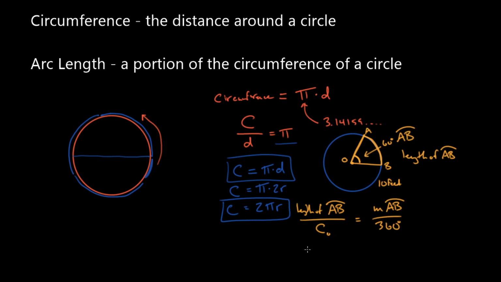The length of arc AB will be proportional to, we said 10 feet, in the same way that the measure of that arc, which was 60 degrees, is to 360. So in other words, it's going to be 1/6 of the entire thing. So this length of arc AB, this right here, would be 1/6 of 10, which is about 5/3 or something like that.